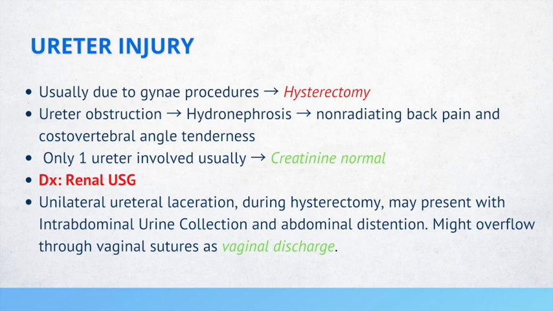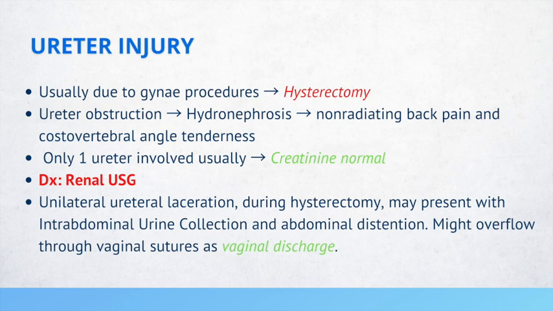To diagnose an injury to the ureter, you can do a renal ultrasound. Unilateral ureteral laceration during hysterectomy may present with intra-abdominal urine collection and abdominal distension. It might overflow through the vaginal sutures as vaginal discharge.